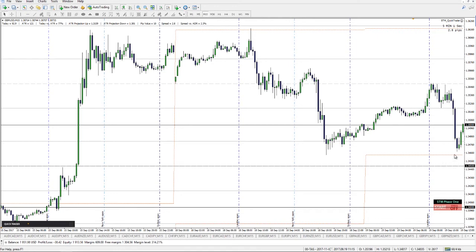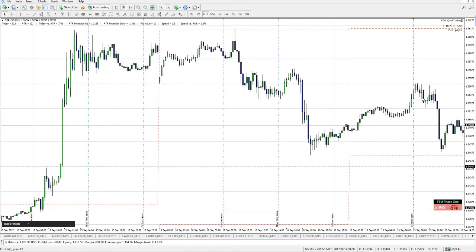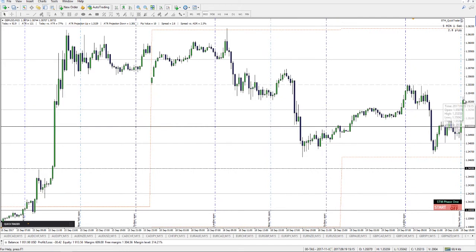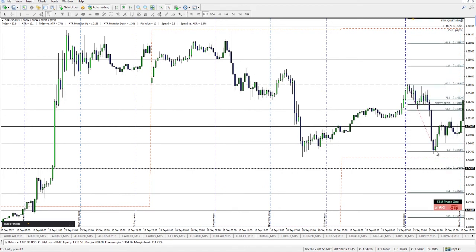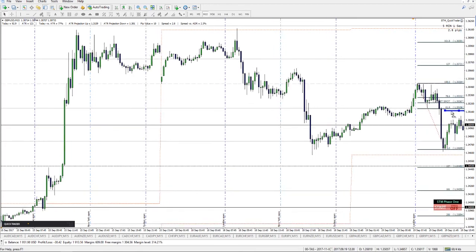It almost hits the previous day low, and it's getting to New York. And here on New York, I'm looking for a retracement. If I was online at this moment, I would probably put some order to sell at this level after it breaks.